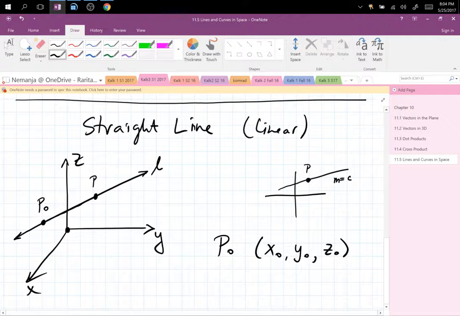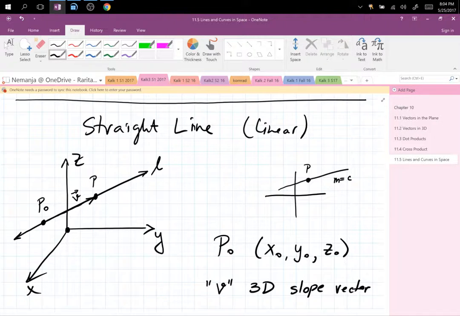And then between P0 and P, we are going to have this vector. We'll call it vector V, which I'll put in quotes, the 3D slope vector, because that one determines the orientation, which way the line is going to go once you anchor P0 somewhere in space.